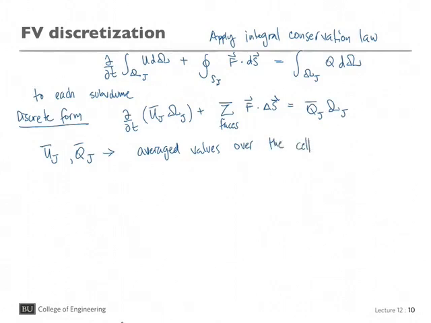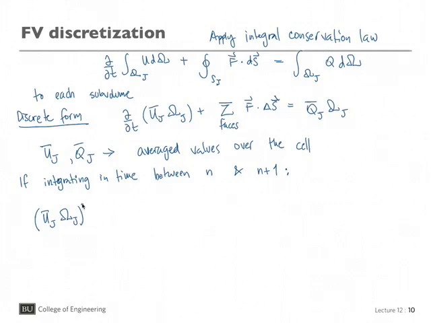So if the integral form of the conservation law is integrated in time between time level n and time level n plus 1, then we could write u bar j omega j at n plus 1 is equal to u bar j omega j at n minus delta t.